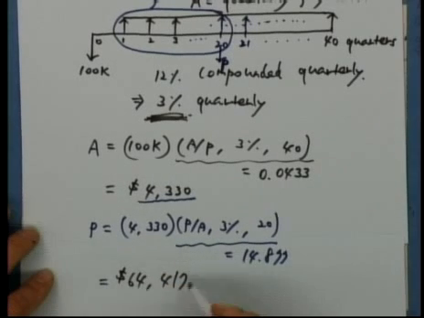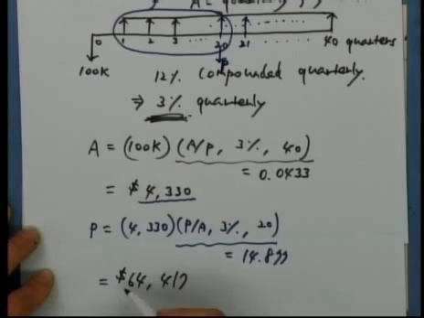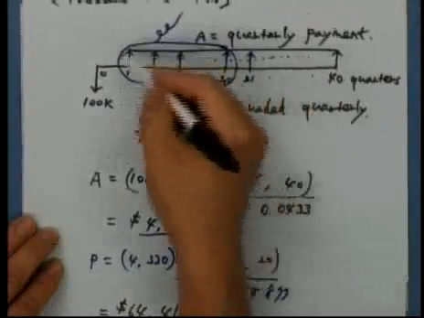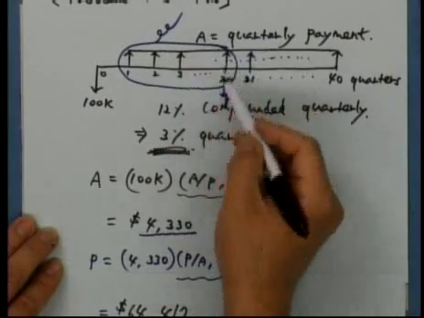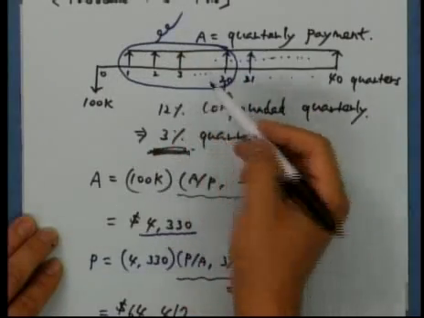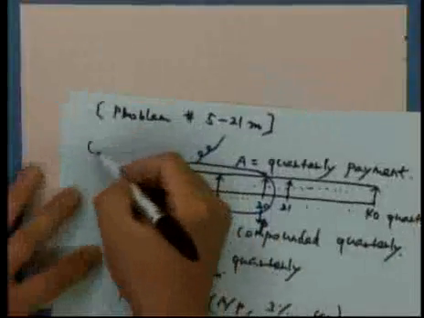So this is the balance due on the original mortgage if 20 payments have been made in the last 5 years. Okay? So this is part A.